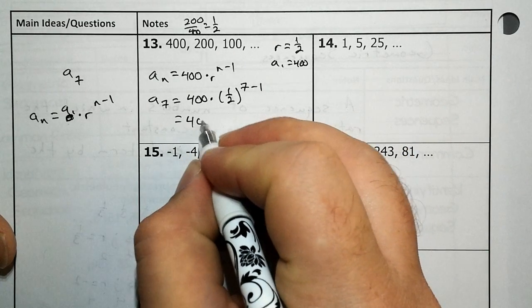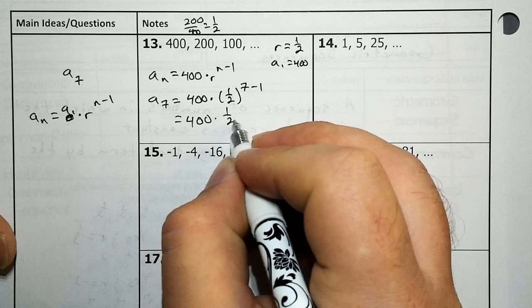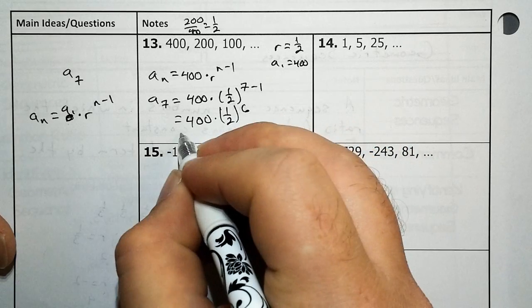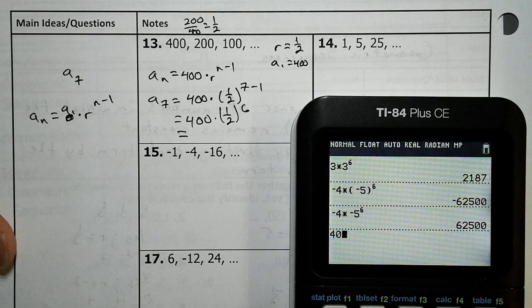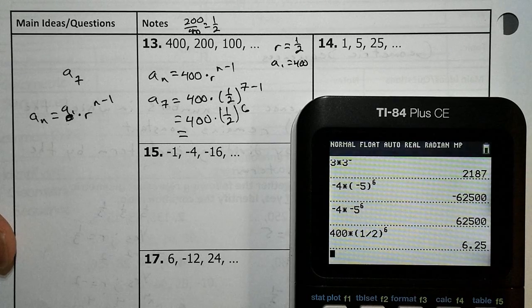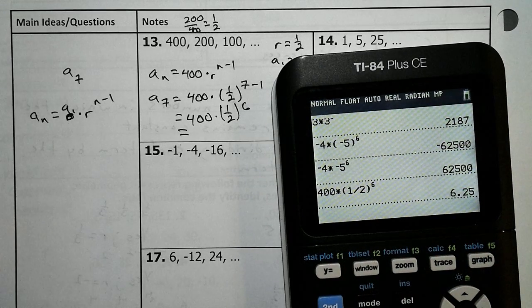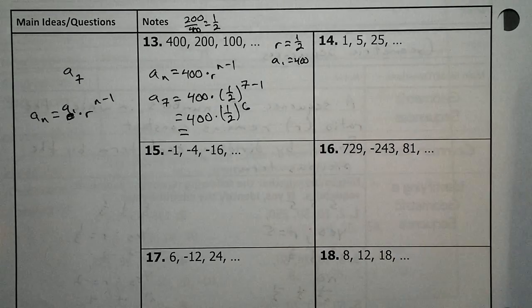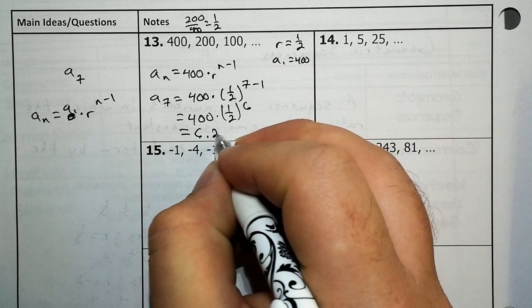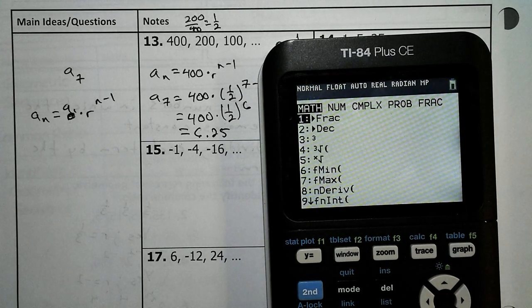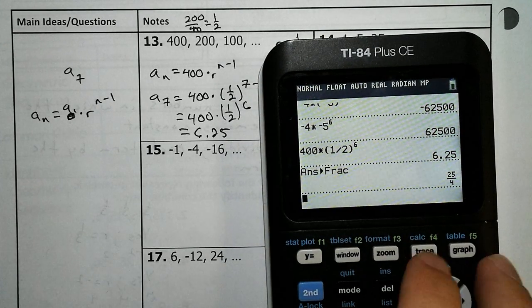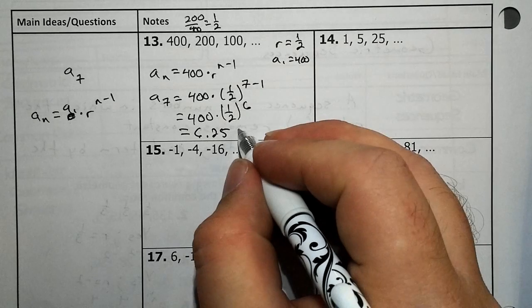So we've got 400 times 1/2 to the 6th, and then when I calculate it, I get 6.25. Or if you change this into a fraction, because some of you may have done this, it would be 25/4 when you simplify it.